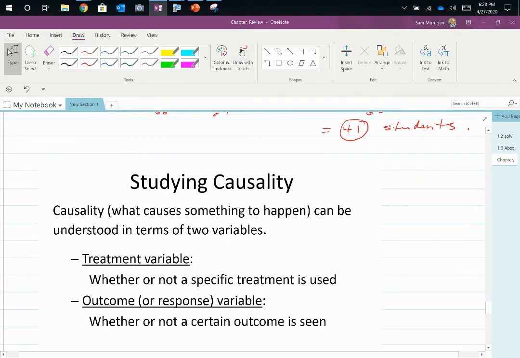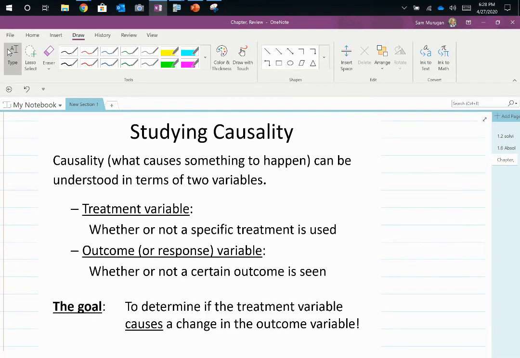Okay, next we're talking about causality and what causes something to happen, to be understood in terms of two variables. The treatment variable, whether or not a specified treatment is used for something, and the outcome or the response variable. You'll be asked this question to describe the definition of the response variable.